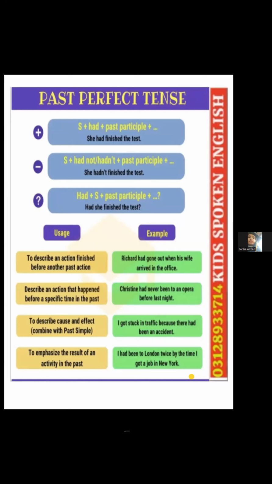Okay, ma'am. She had gone to the hotel. Perfect. Asim, do you like hotels? Whenever you make a sentence, you make a sentence with hotel. Wow. I have noticed. Perfect sentence. Keep it up. Okay, so let's move on to Hania. Hania, are you there? Yes, ma'am. Walaikum assalam. How are you, girl?